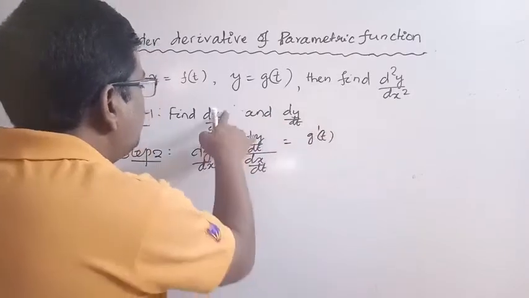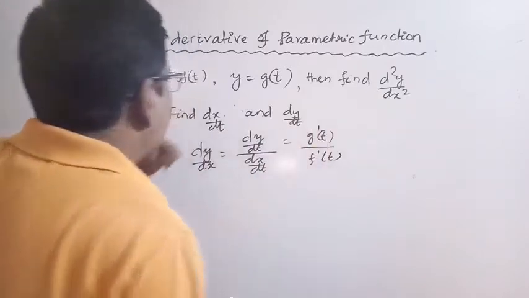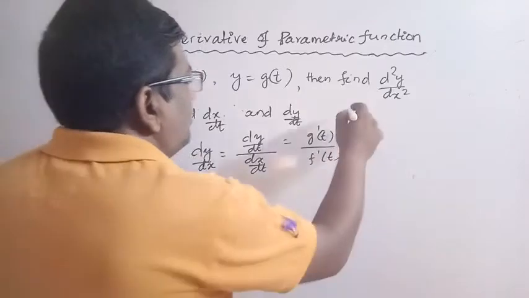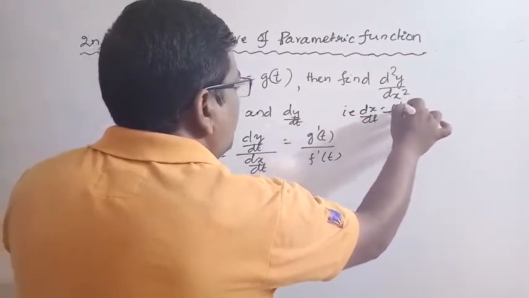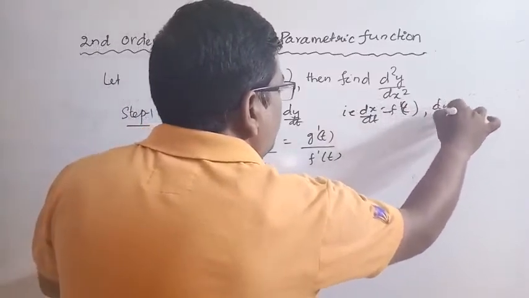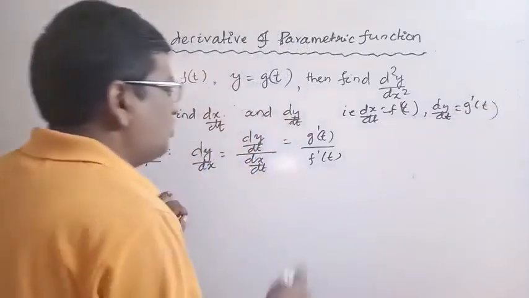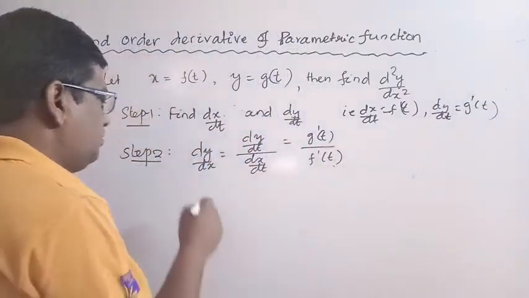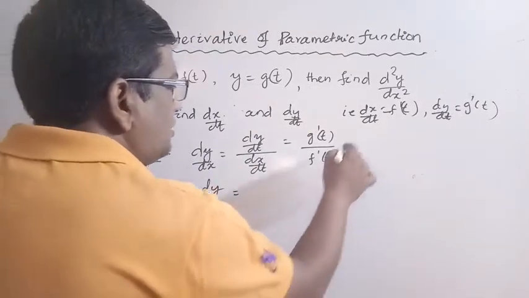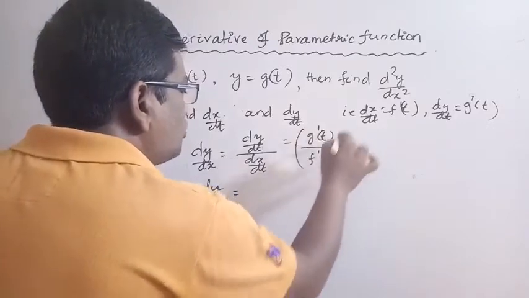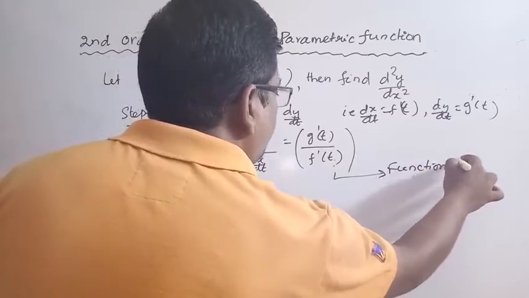So dy by dx is equal to g dash t divided by f dash t. Now this is a function of t.